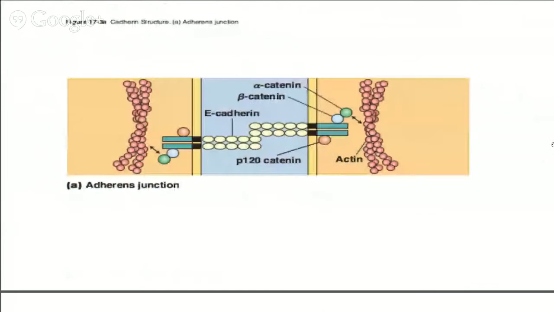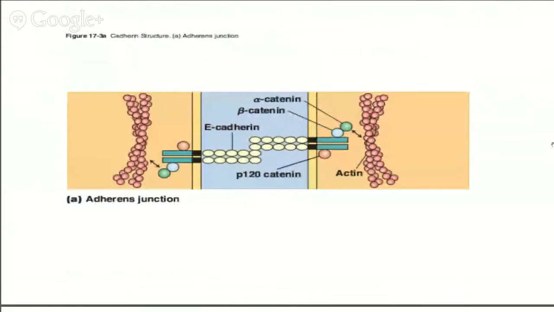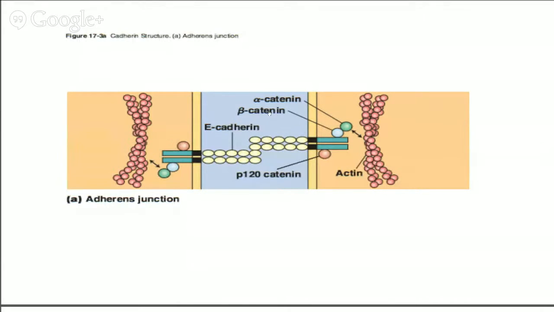So we have the alpha-catenin protein used to interact with the actin, and the cadherins in the middle are what are used to hold them together. This is your adherens junction.